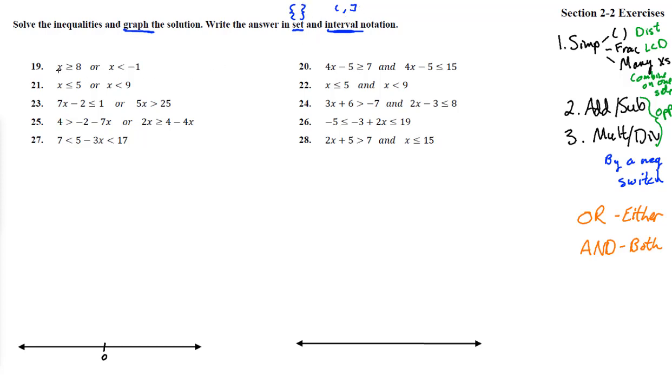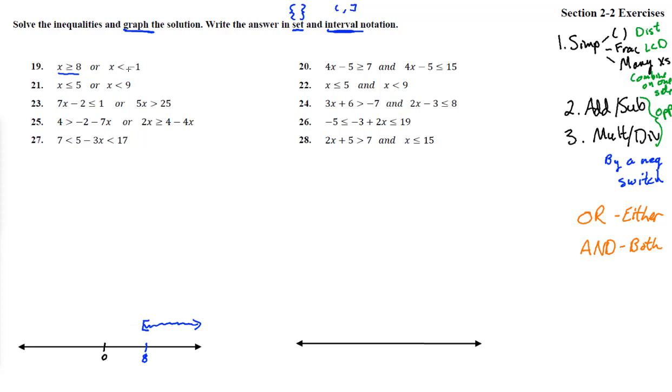All right, so here we're going to have the blue x greater than or equal to 8. So let's put 8 right here. I'm going to put this above the number line so that we can see what happens when it crosses, or how it uses a compound. So there's our or statement. Our x greater than or equal to 8. We used equal to 8, so we used the bracket, like a closed dot.